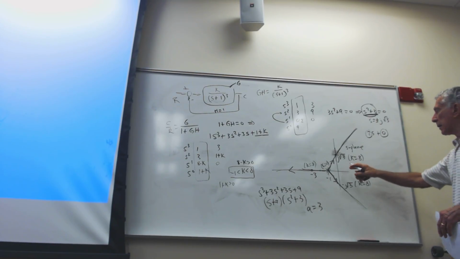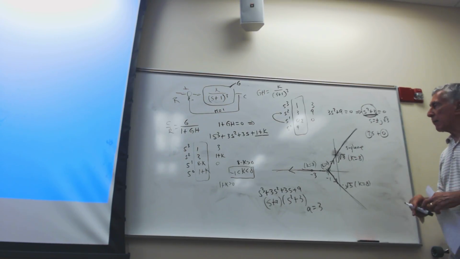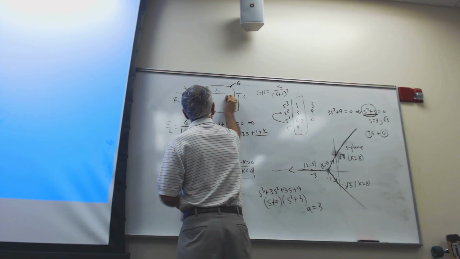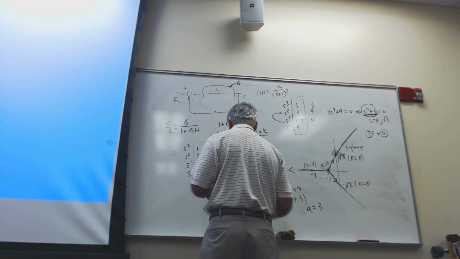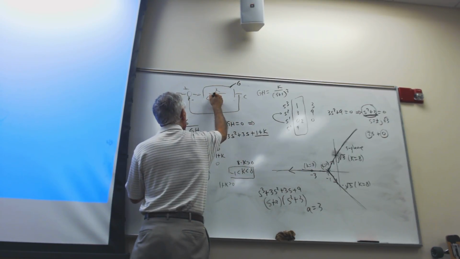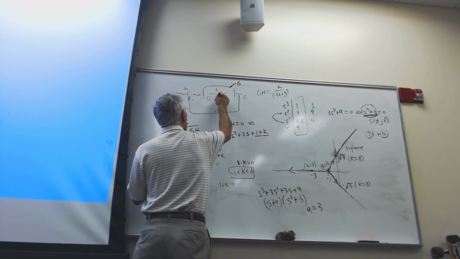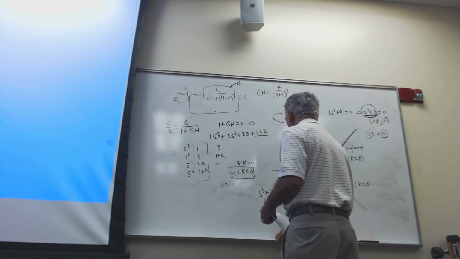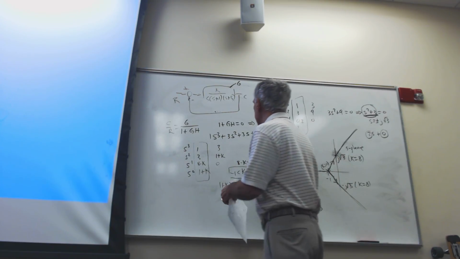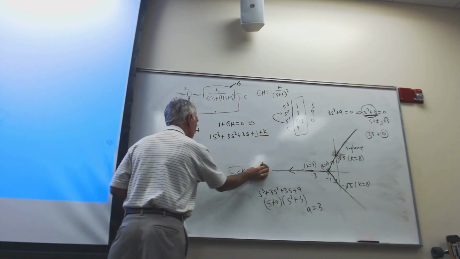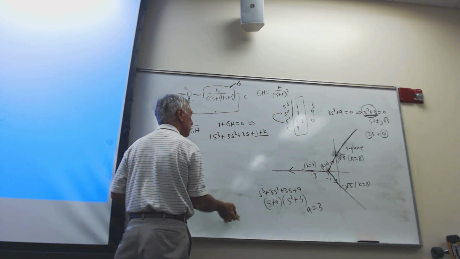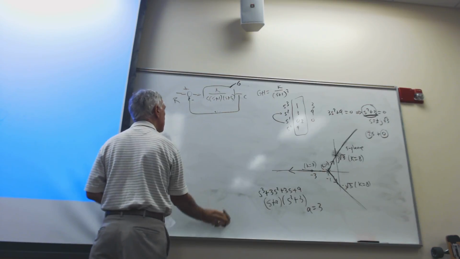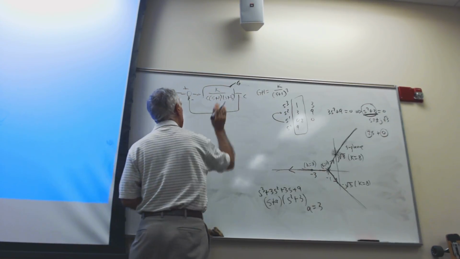So we would get that in this case. But if you have something like this instead of that, say you had s plus 1 and s plus 3. I'm not going to go through the whole thing here, but I just want to point out that the root locus plot can be radically different for a different open loop transfer function.